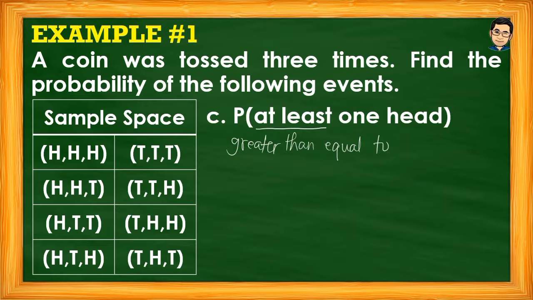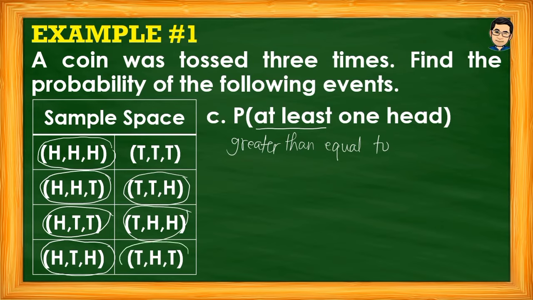Like for example, ito, at least one head. Ayan, kasama yan. HHT, kasama rin. Ito rin. As long as may nakikita tayo kahit isa lang na head. So, kung papansinin natin, ito lang 3 tails ang ating hindi in-encircle. Okay, so the rest, naka-encircle sila. So, our answer will be 7/8.